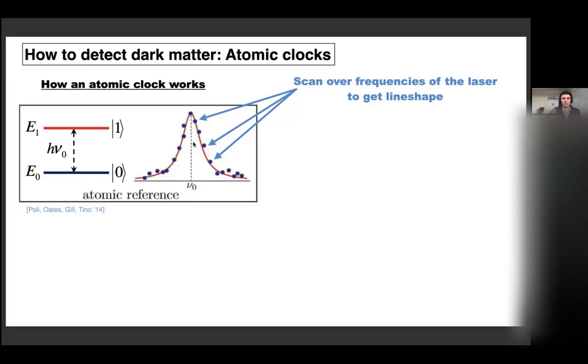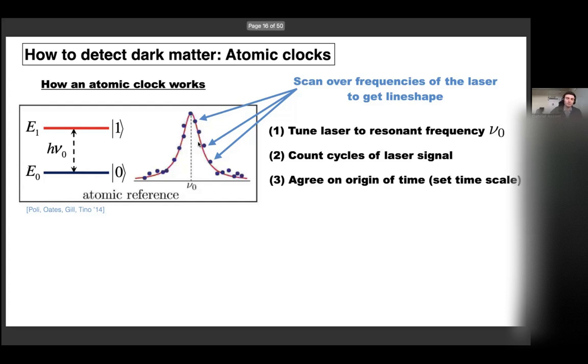Essentially, this will have a width, of course, and it will be peaked at ν0, which is exactly the frequency of excitation from the ground state to the first excited state of electrons of the atom you're shining the laser onto. Very good. And in the end, how do you make an atomic clock?